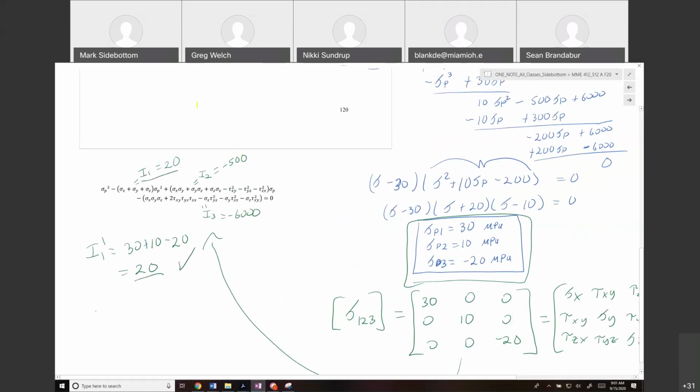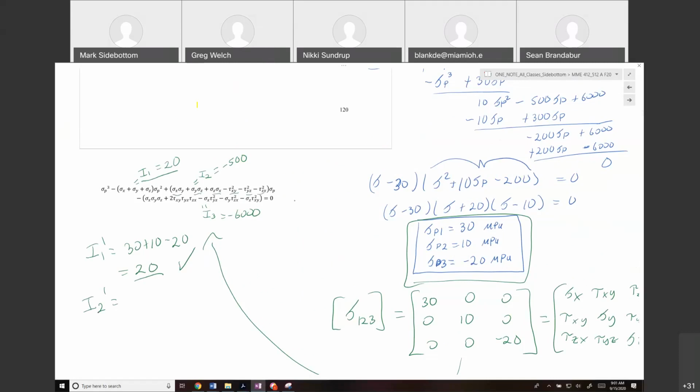That's good. So I2 prime would be equal to the sum of the products of our normal stresses, minus the squares of our shear stresses. Since our shear stresses are all 0 on our principal planes, we only have to worry about the first three terms.